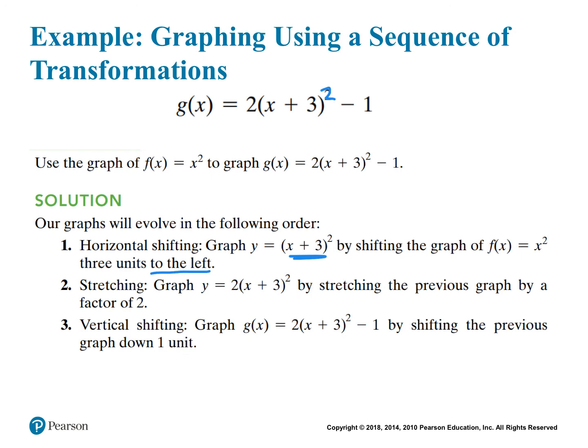Then we have the 2 on the outside. We're going to multiply everything by a factor of 2, which is going to stretch it. Then we're going to shift it downward because of this minus 1, we're going to go down 1 unit.